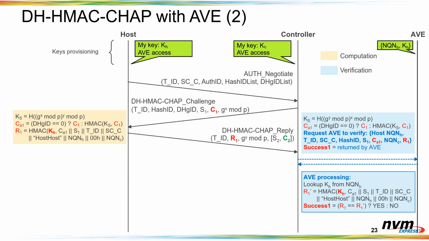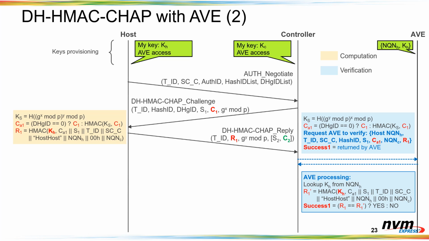Instead, what the controller does is send a request to the AVE to perform this authentication verification. And this auth request message will basically say, hey, I'm talking with host having identity NQNH, I'm controller having identity NQNC. These are the parameters of my transaction. This is the augmented challenge I received, and this is the response R1 that I received. Is this correct or not?